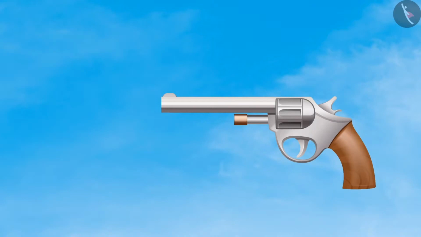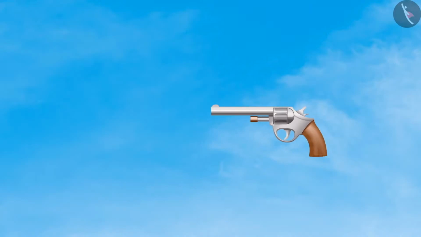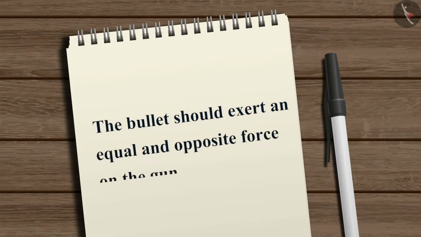Consider the case of firing a gun. Here, the gun exerts a force on the bullet in the forward direction when it fires. According to the third law of motion, the bullet should exert an equal and opposite force on the gun.